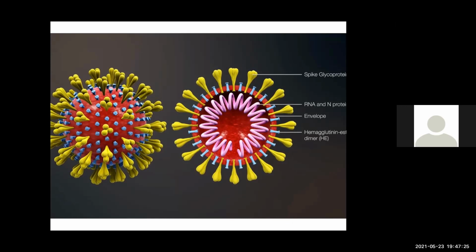Viruses fall in two main categories based on the nucleic material that is within the virus. We call them either RNA viruses or DNA viruses, based on the type of genetic material it has, ribonucleic acid or deoxyribonucleic acid. Coronavirus falls into the RNA virus category because the genetic material within the virus is RNA.